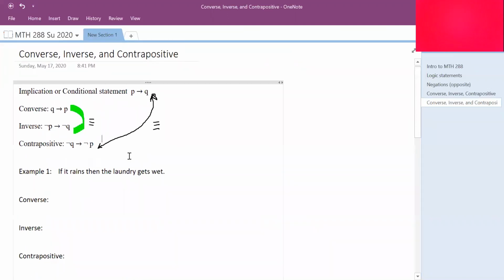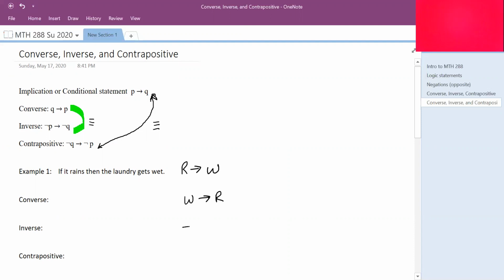Our first example is if it rains, then the laundry gets wet. So let's choose some letters to describe this. Let's say if it rains, then the laundry gets wet. So the converse would be to switch these letters.